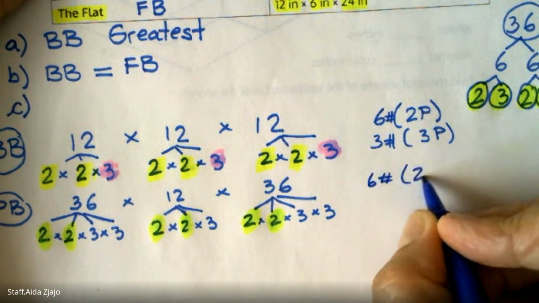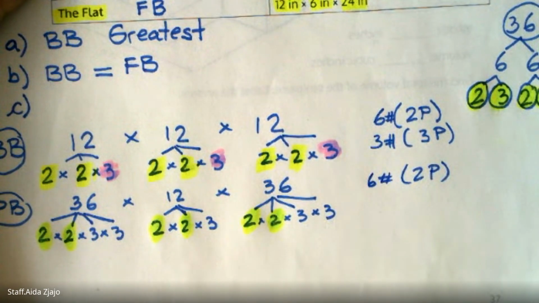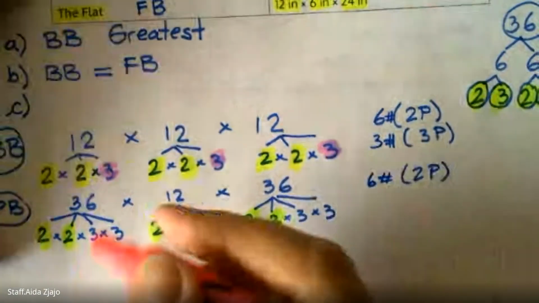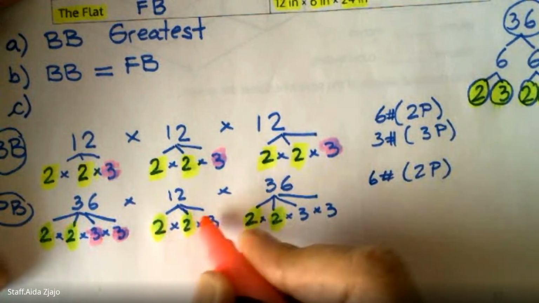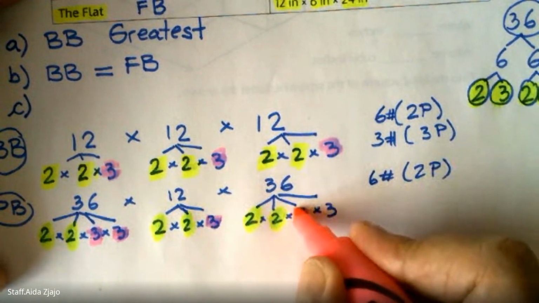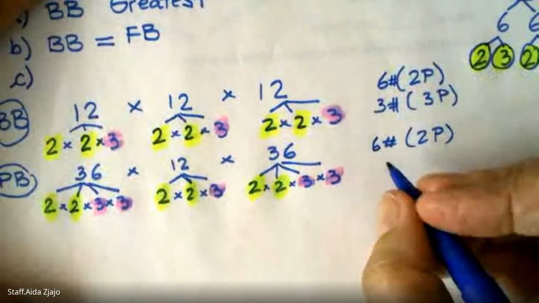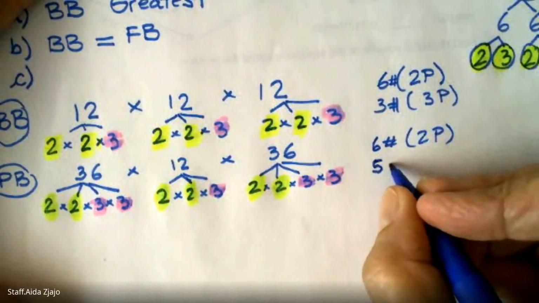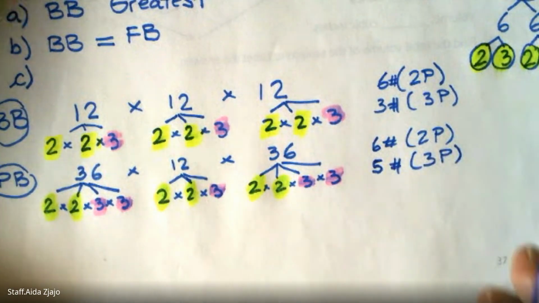numbers with the prime 2, and then I also have 1, 2, 3, 4, 5 numbers with prime 3.